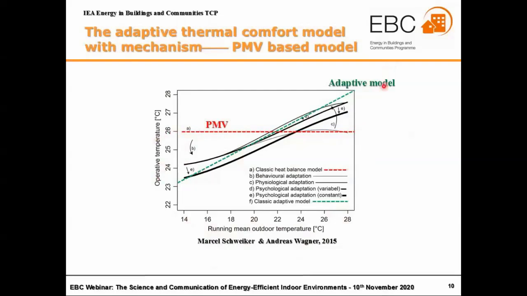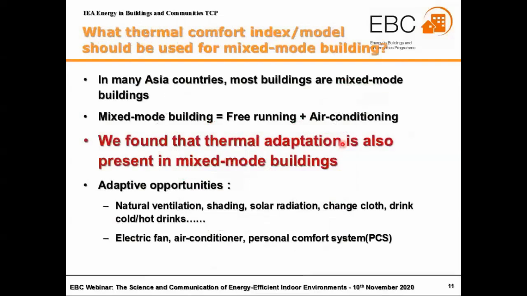The adaptive model will change differently from PMV, and this black line shows different kinds of adaptation processes, including behavioral adaptation, psychological adaptation, and physiological adaptation. So, as I said, we can explain some mechanisms.